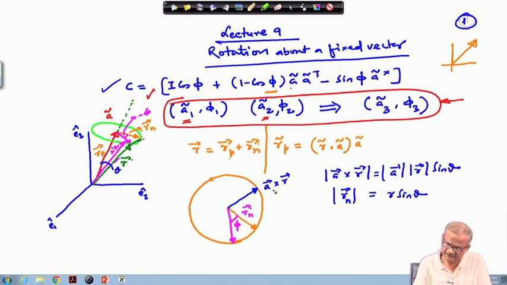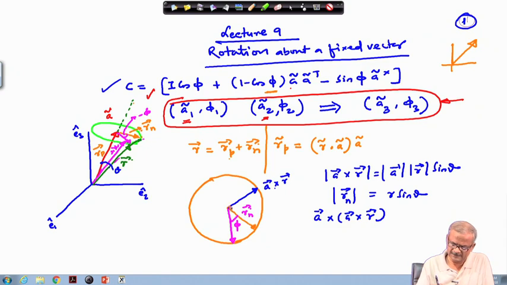Now, again if we take a cross r, we write it like this. You will see that the a vector is along the normal direction, coming out of the page, and the r vector is along this direction. So a cross r, taking the right hand rule, goes here.